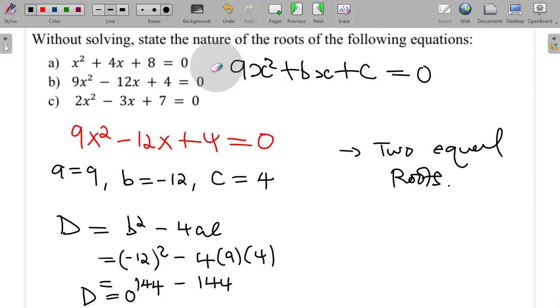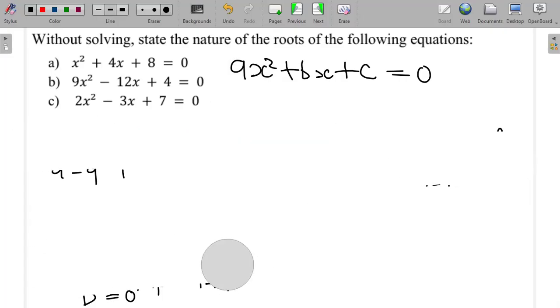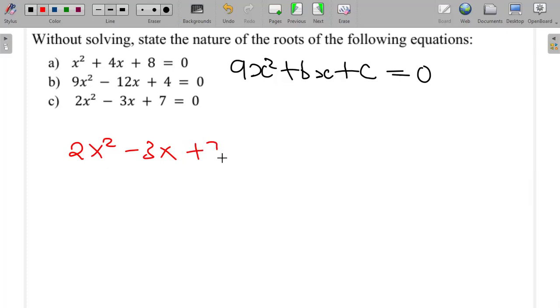And then C. On C, we're going to have 2x squared minus 3x plus 7 is equal to 0. So we're going to say a is 2, b is minus 3, and then c is equal to 7.